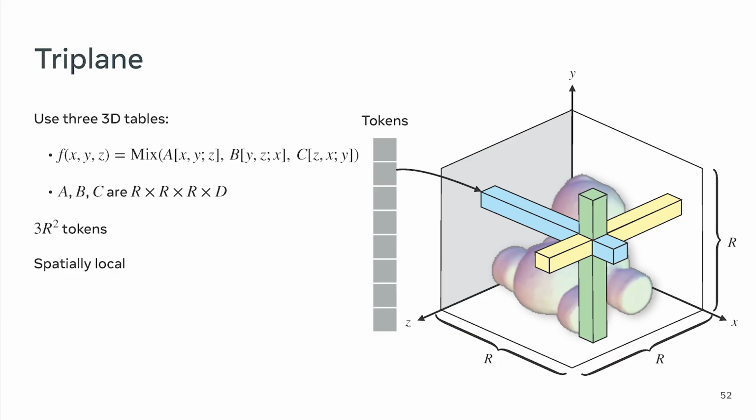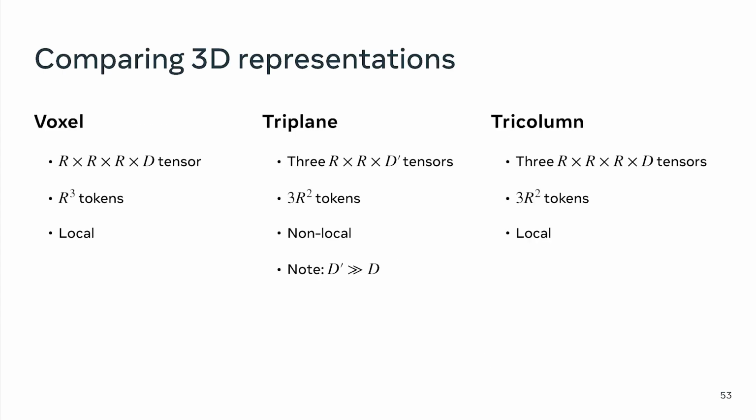So now we have the advantage. This is somewhere in between a voxel grid and a triplane. So we have a relatively small number of tokens, but each dimension in the representation is still very, very local. All right? And this gives us actually better representational power in our model. And here it is again. So voxel, triplane, and tricolumn.